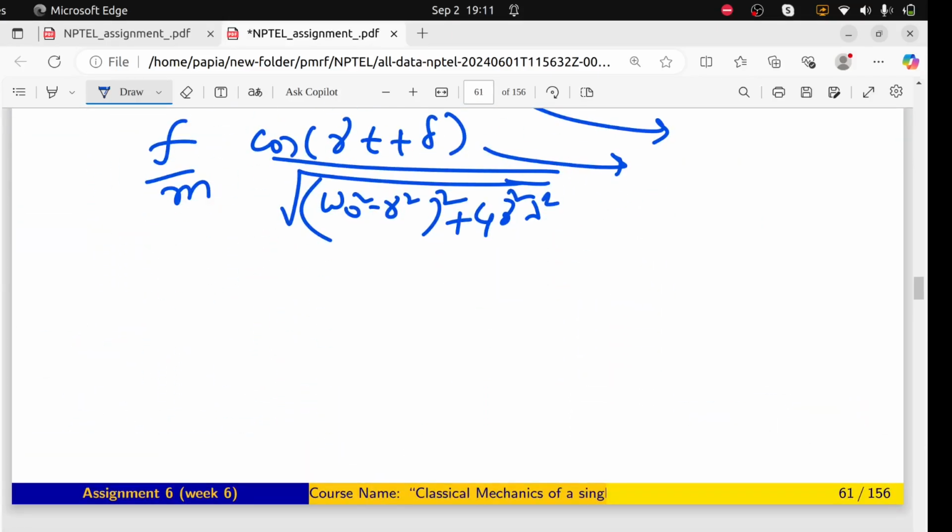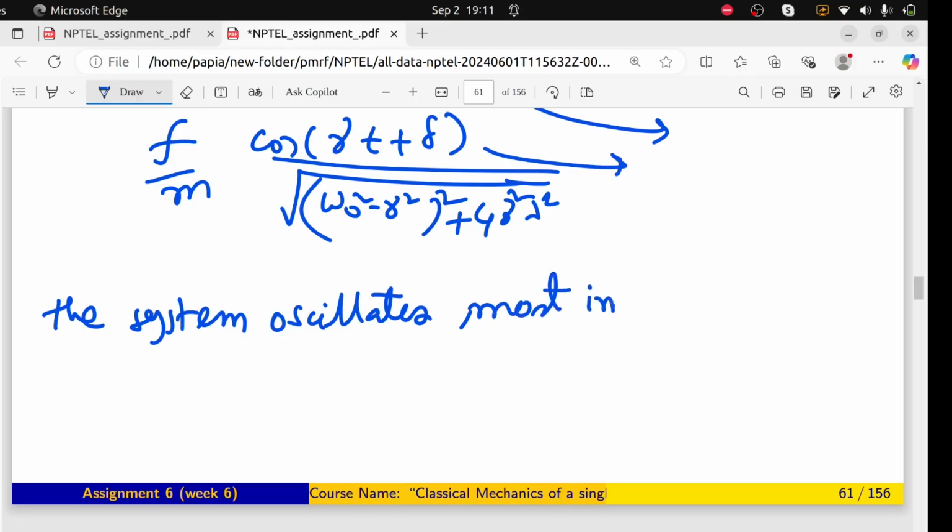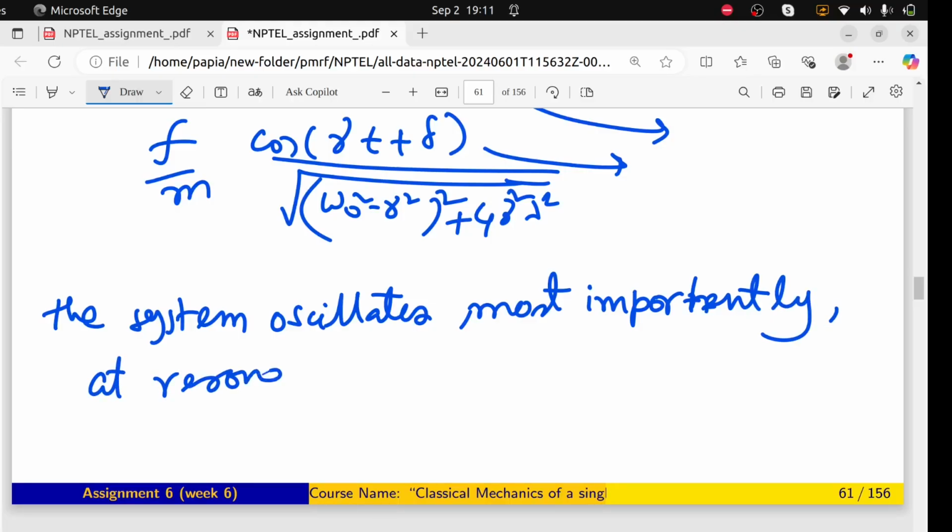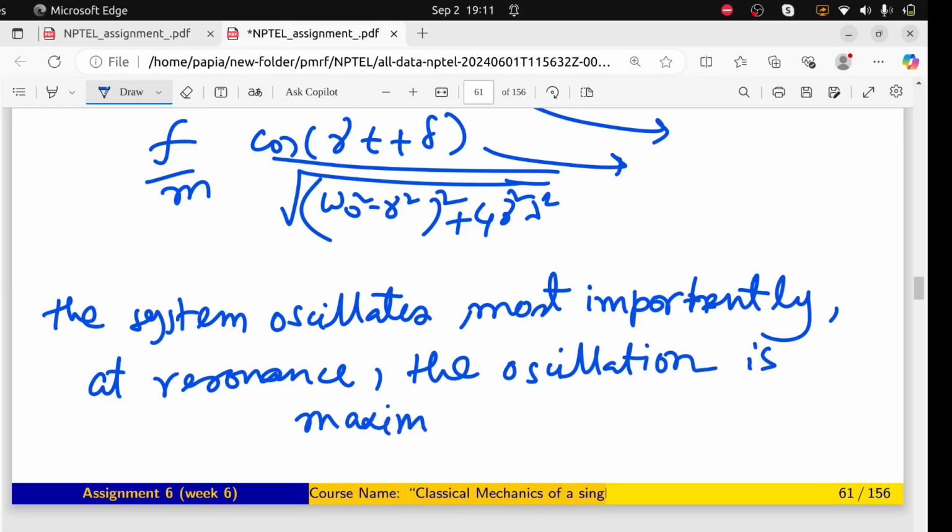and the main thing is that the system oscillates, most importantly at resonance, the oscillation is maximum, because at resonance the amplitude will be maximum.